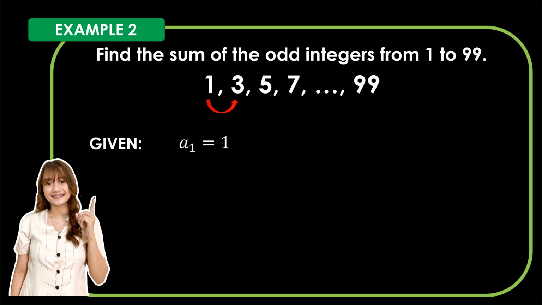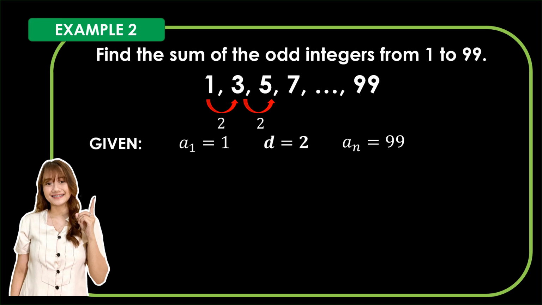The common difference is 2, because if we add 2 to 1, we get 3. Also, if we add 2 to 3, we get 5. So the common difference is just 2. And we have the last term, which is 99.